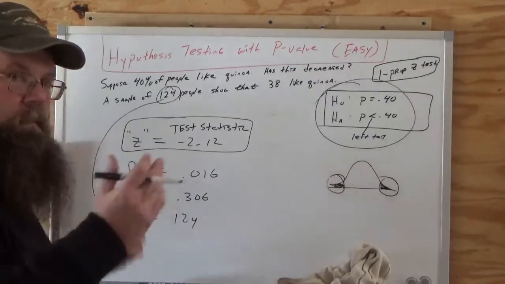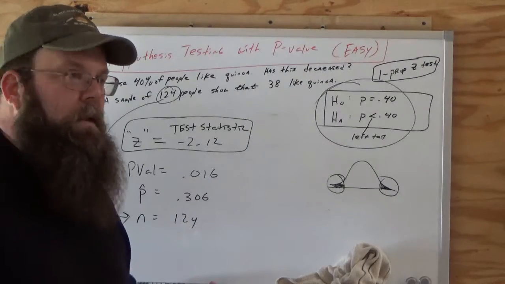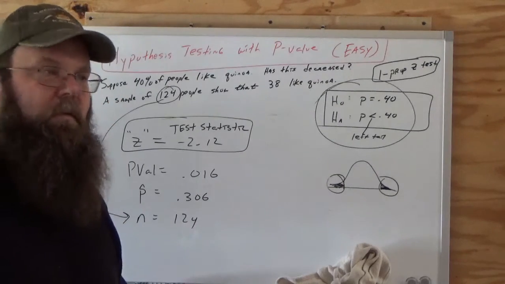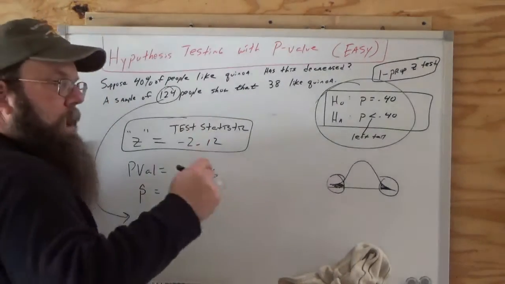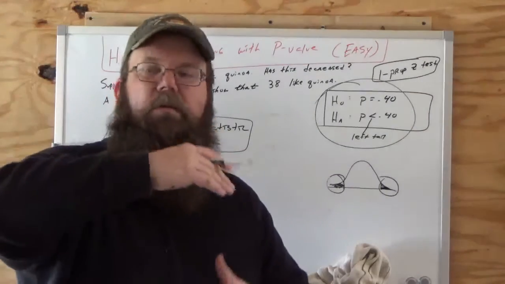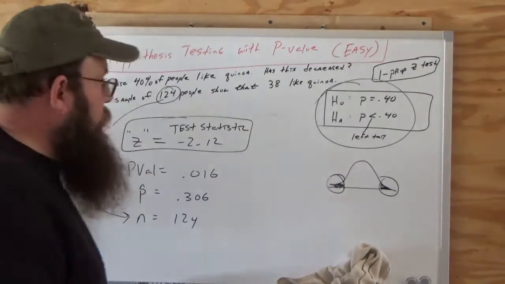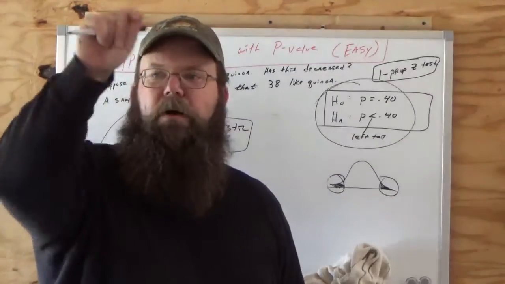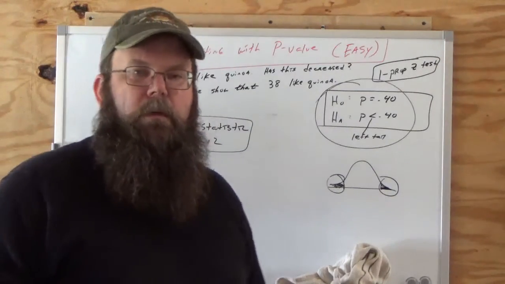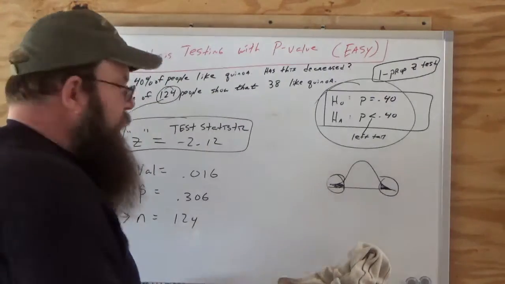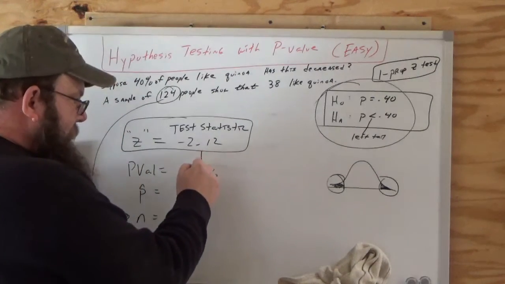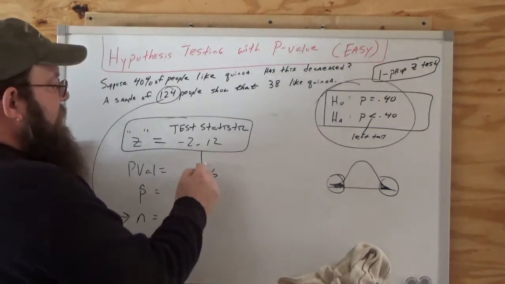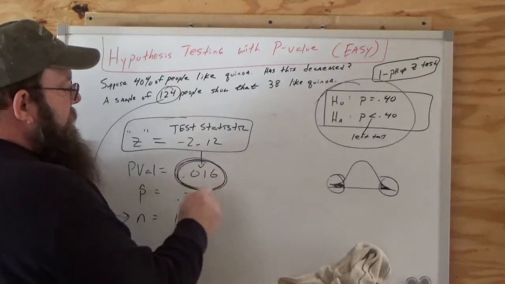All you had to do was go to 3 menu options and type in just a scant little bit of information. If you look up, you remember those yellow tables I gave you, if you look up a z-score of negative 2.12 and you find the probability of getting that z-score, guess what probability you'll see? Boom, right here, 0.016. This is the number that we care about.